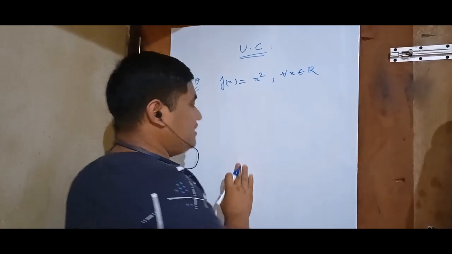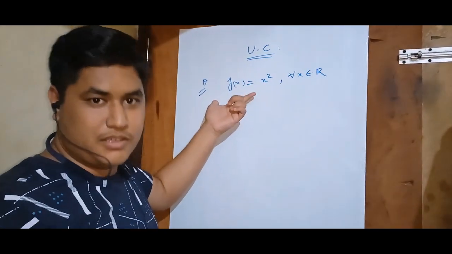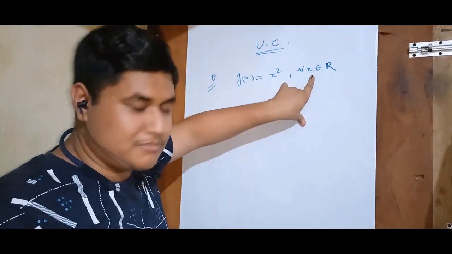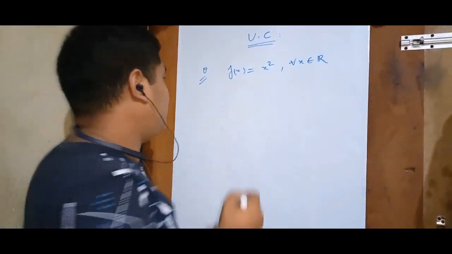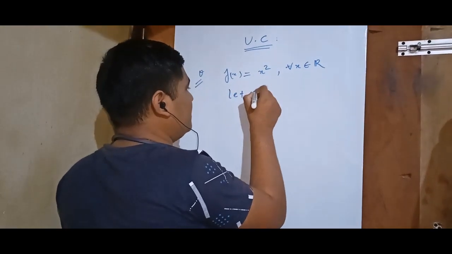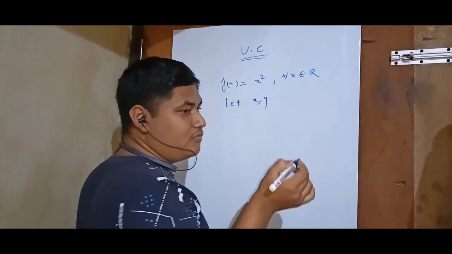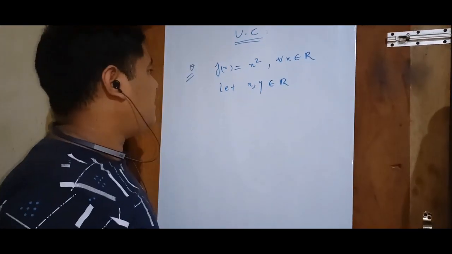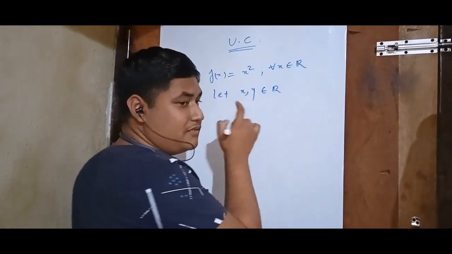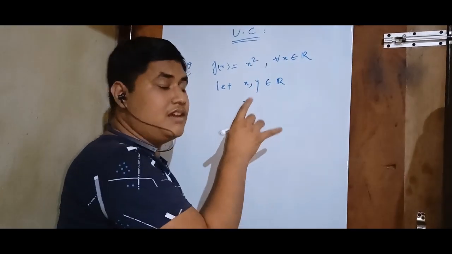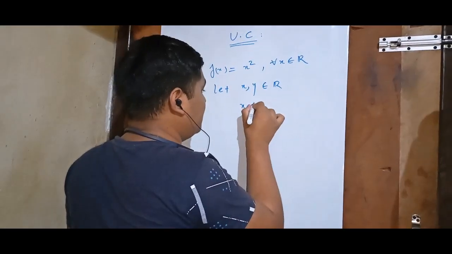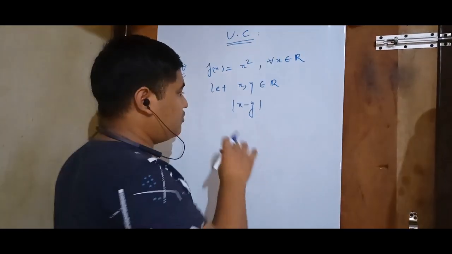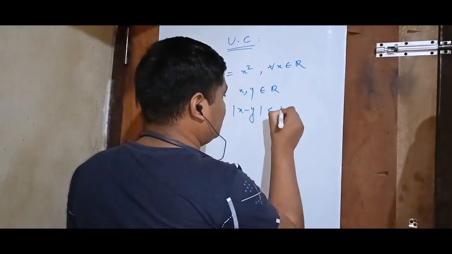So let us take, according to the definition of uniform continuity, 2 points x and y from this domain R. We are given that the modulus of x minus y is less than delta.